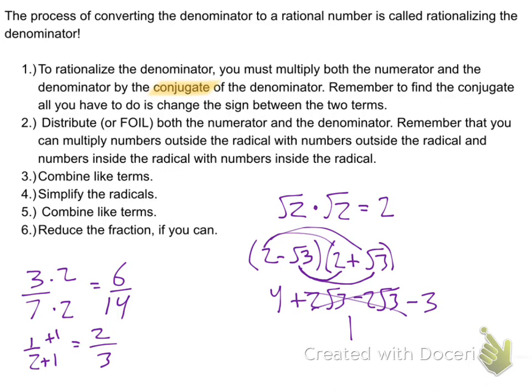Now, once you have distributed or FOILed to the top and to the bottom, remember, you can multiply numbers outside radicals with numbers outside radicals, and numbers inside radicals with numbers inside radicals. This is what I mean.